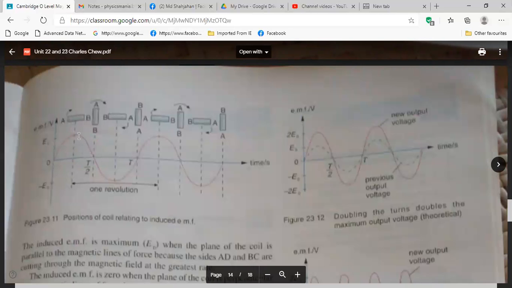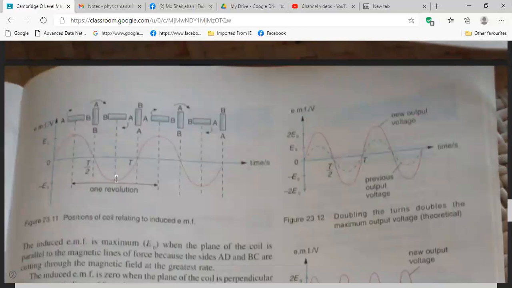Then it moves upwards, again decreasing. When it is in the vertical position, we have no magnetic field lines cut, so EMF is 0. Now from this position it keeps rotating and comes to position AB reversed, like BA.